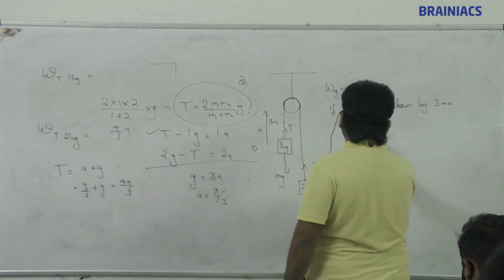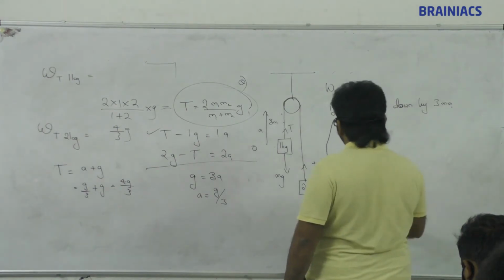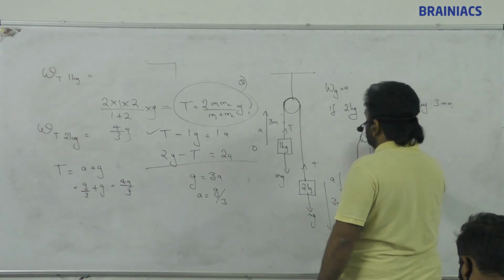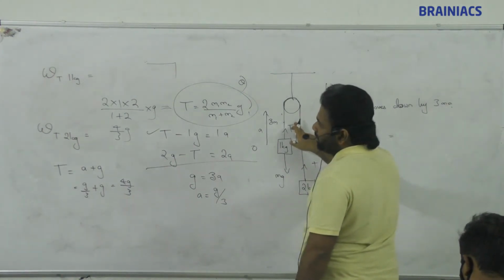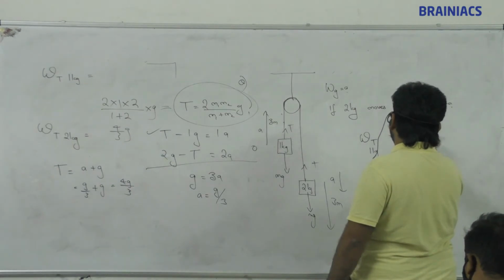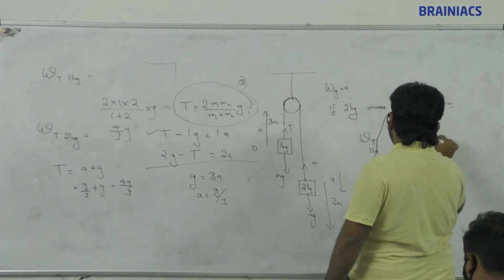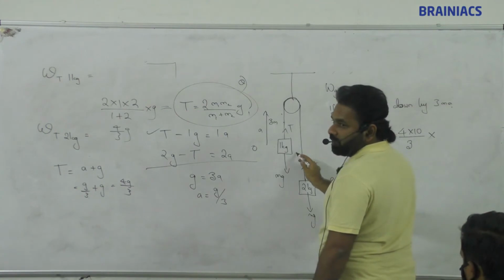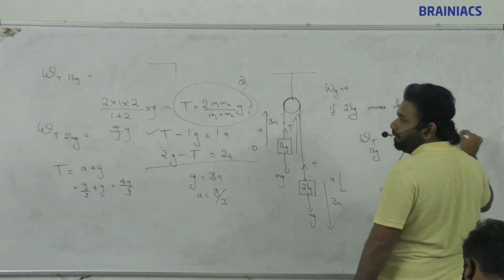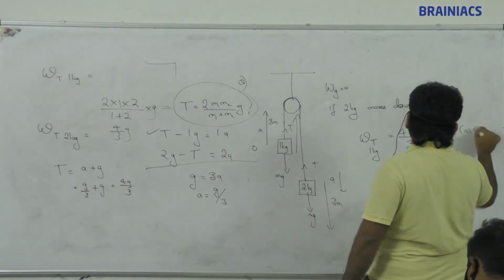Now work done by tension on 1 kg. This is the direction of tension. So 4g by 3 means 4 into 10 by 3, into displacement 3 in this direction, this is going to be cos 0.